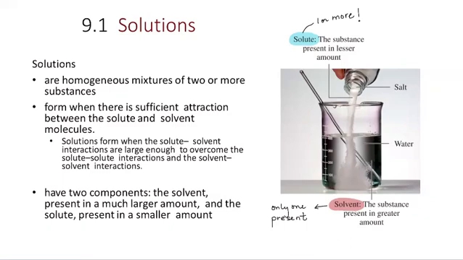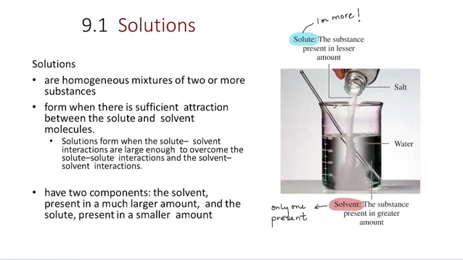So whenever we have a solution, you can have one solvent and one solute, or one solvent and multiple solutes. The reason a solution can be created is that the solute has attractive forces by itself, and the solvent has attractive forces by itself.